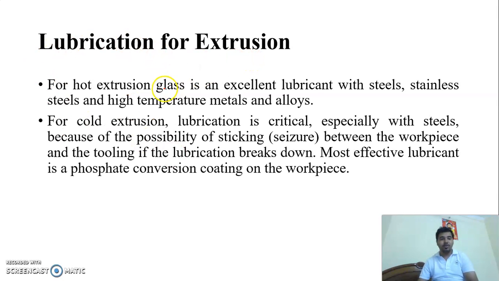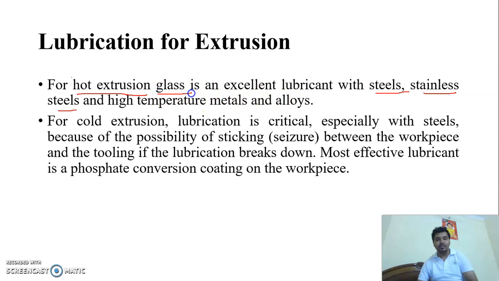Lubrication used in the extrusion process. For hot extrusion, glass is an excellent lubricant with steel, stainless steel, and high temperature metal alloys. Why do we use hot extrusion? Hot extrusion is generally used when we have raw material that is brittle in nature. Therefore, in hot extrusion we have to use glass as the lubricant.